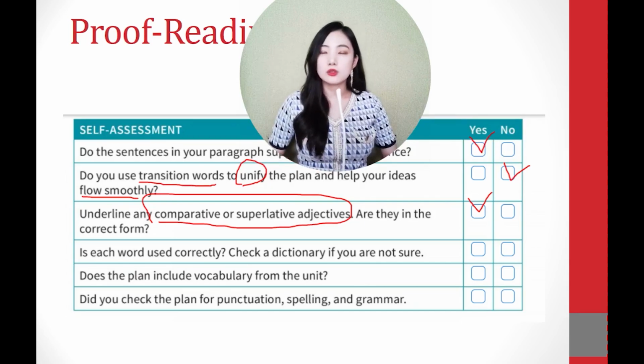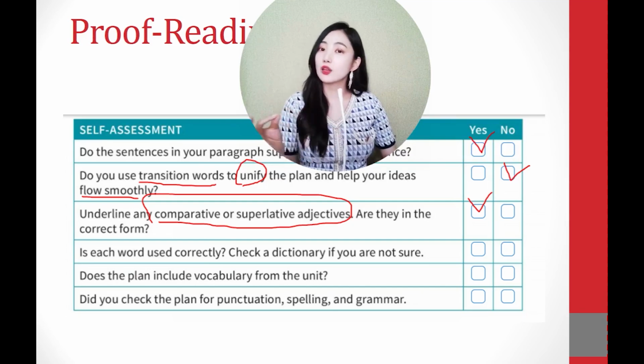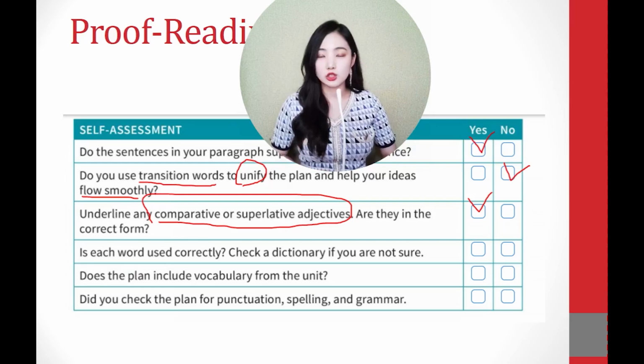A lot of people confuse this word with affect, which is the verb form, A-F-F-E-C-T. So you always have to check: is this a verb, is this an adjective, is this a noun? And use the correct version. Affect, effect, noun, verb, okay? What's right? So check out the dictionary.